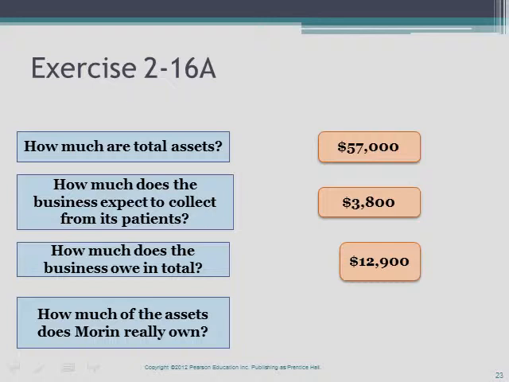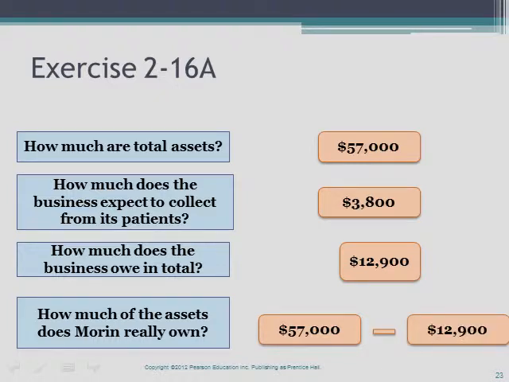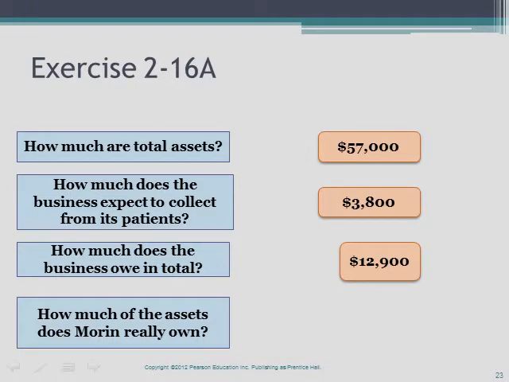And then, how much of the assets does Morin really own? So to get to that, we have assets minus our liabilities, or the balance of the two stockholders' equity accounts, which is common stock and retained earnings, which we get $44,100. And so that's essentially how transactions work through the balance sheet.